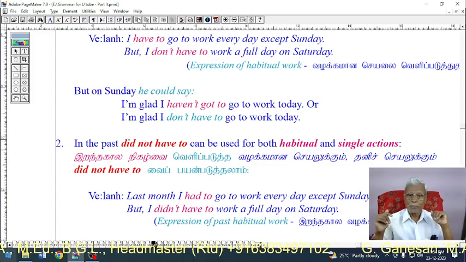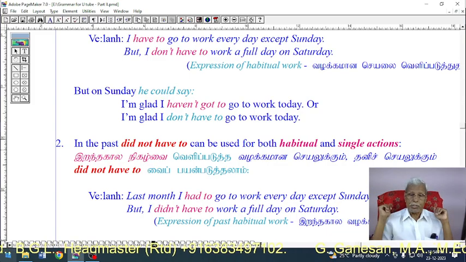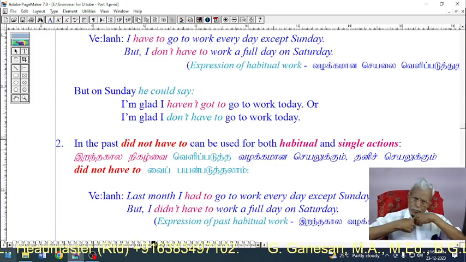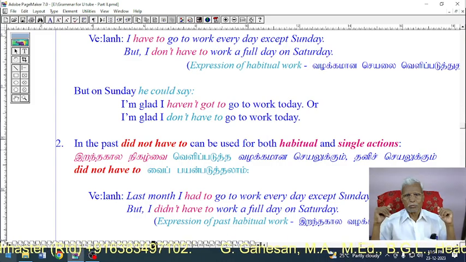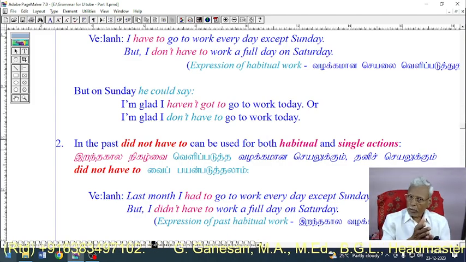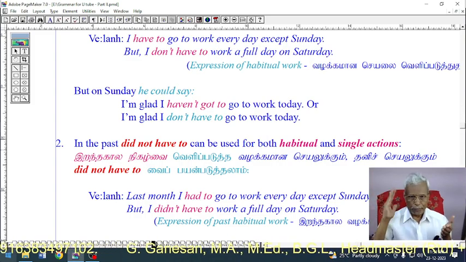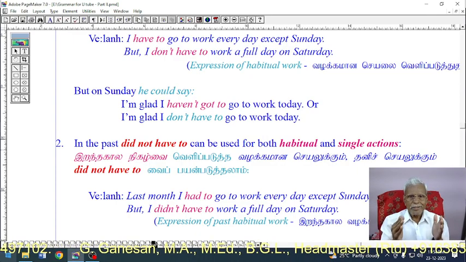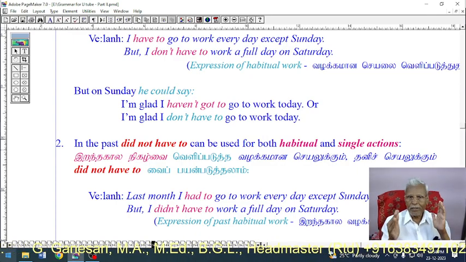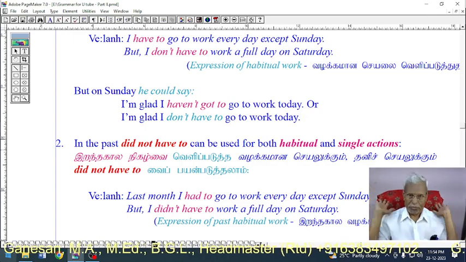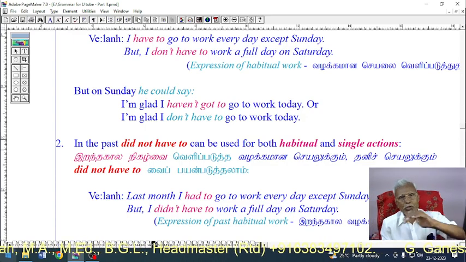But regarding past tense, throughout, we can use in the affirmative, had to. In the negative, did not have to, that is, didn't have to. So, regarding past tense, no problem.